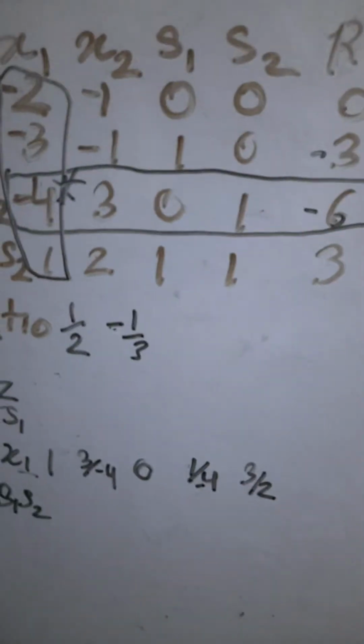R1 is R1 plus 2R3. So we have to use R3 to make changes to R1. R1 would be on the left hand side and R3 on the right hand side, and I would add, because they are opposite signs, they would reduce each other.